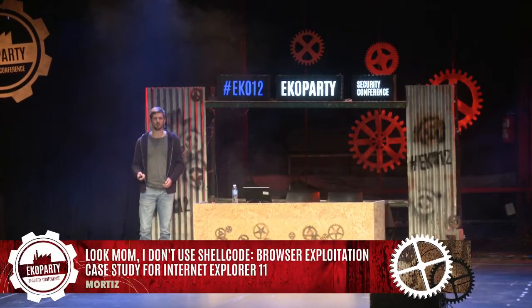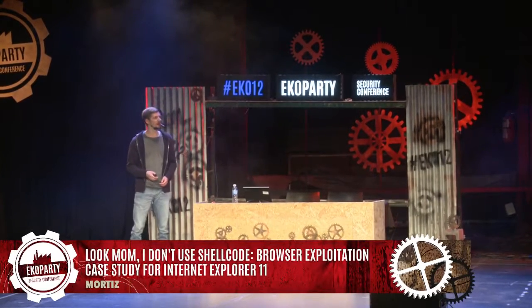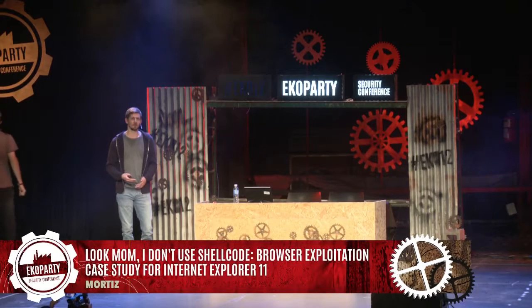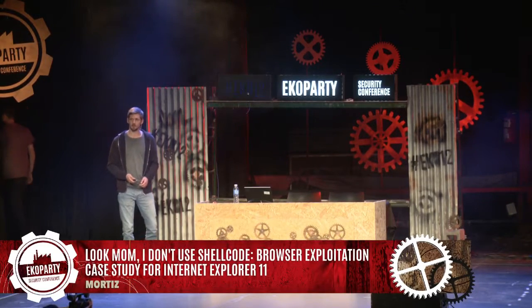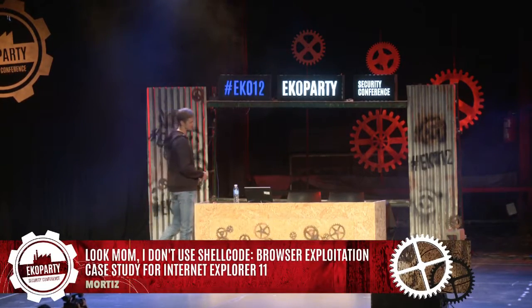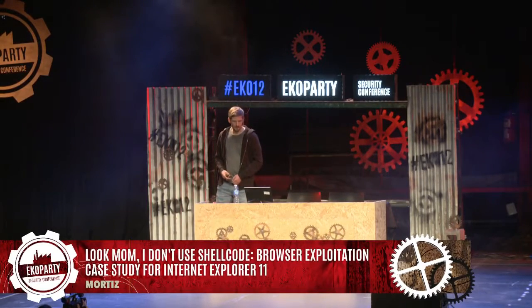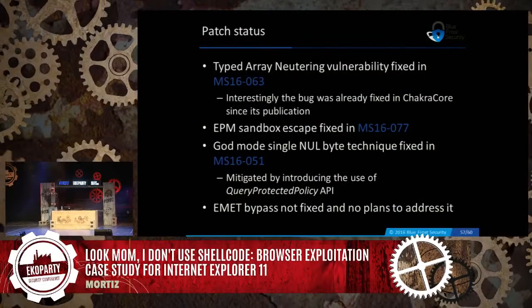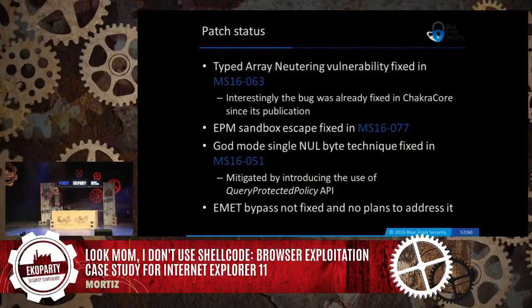So this looks like a bug which was patched by Microsoft before, but maybe they forgot to backport a security fix in this case. The EPM sandbox escape using local NBNS spoofing was fixed in MS16-077.